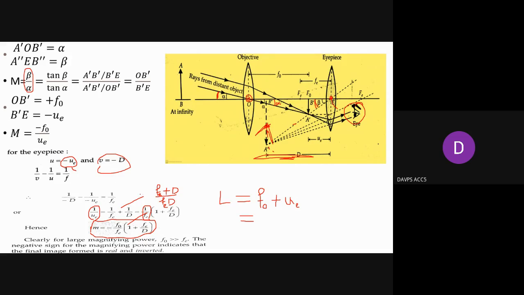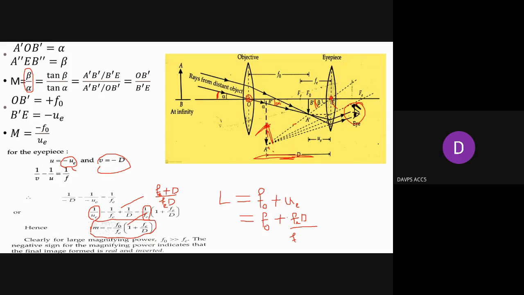So what will be ue? It will be reversed. So in place of ue, you can write f0 plus, reversed, fe D upon fe plus D.